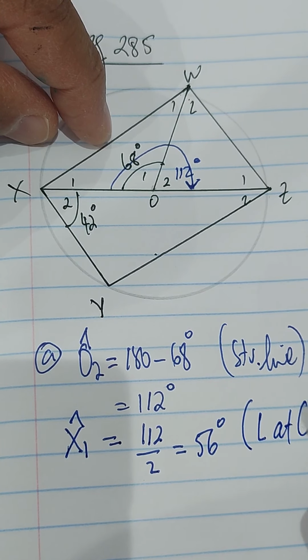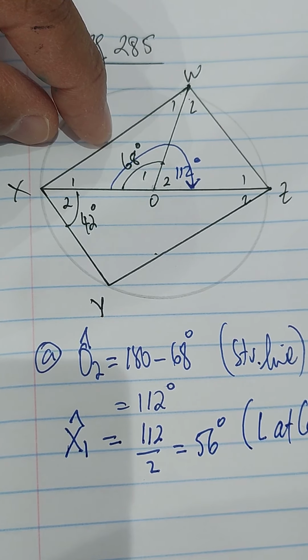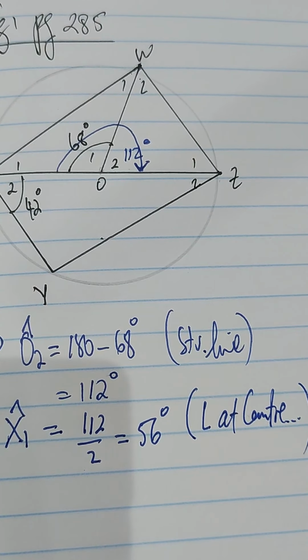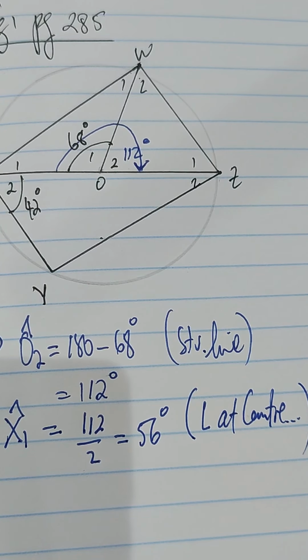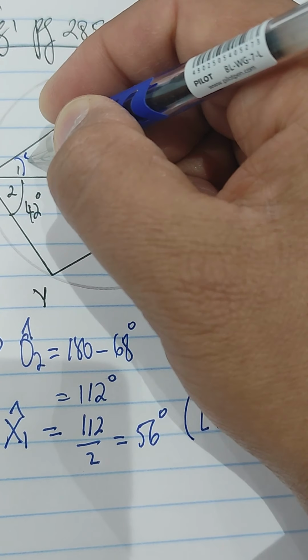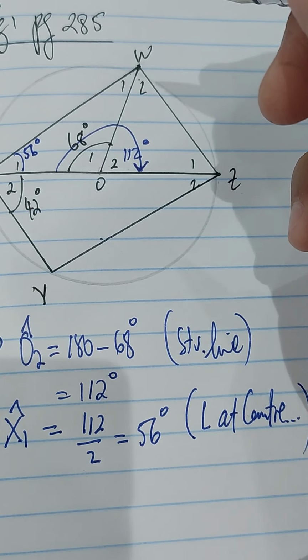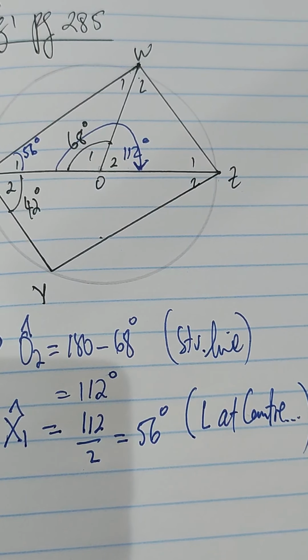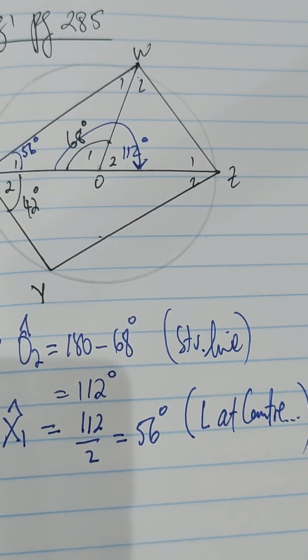Angle at center. Okay, again, if you want to say angle at center is twice angle at circumference, the whole reason there is fine. Otherwise, this will get you the full marks anyway. Again, note that I'm populating the diagram. Okay, I'm filling all this information in on the diagram.